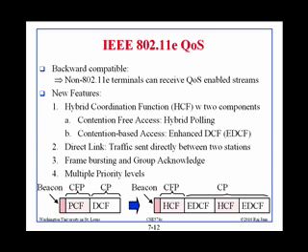In ad hoc mode, obviously you could say I want to go from A to B, but in the access point case, everything went through the access point, the central point. But now you can set up a direct link.